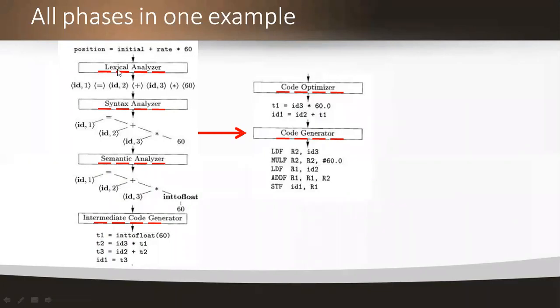So now I'm going to implement the lexical analyzer by taking the input position = initial + rate * 60. And what the functionality of the lexical analyzer is, all of you please listen carefully about each and every phase with an example. Don't get confused. I'm clearly making you understand.